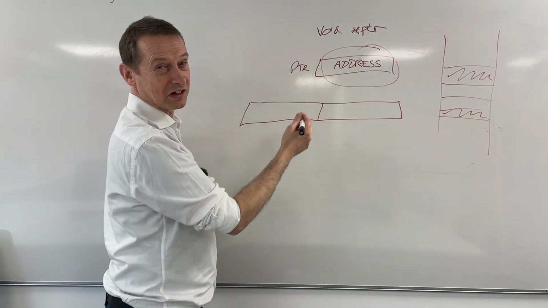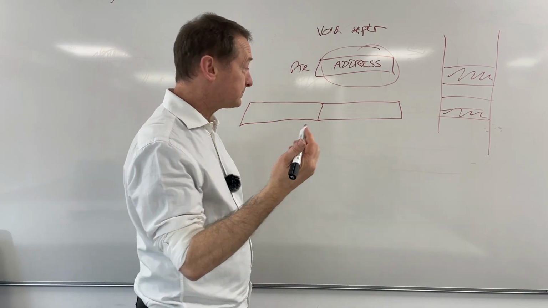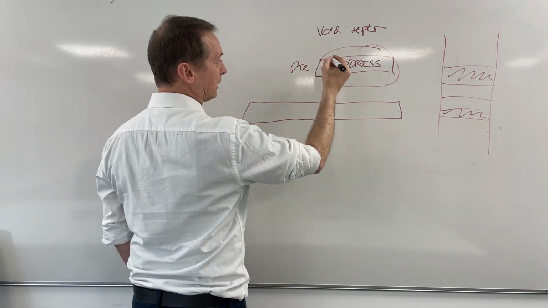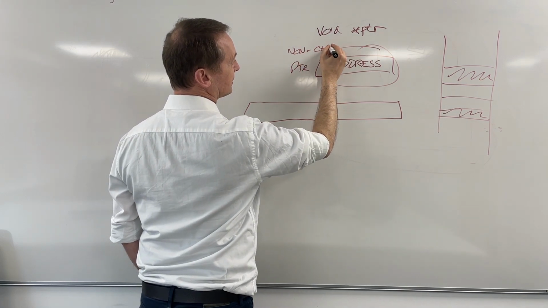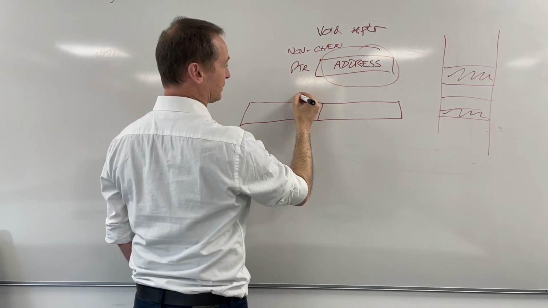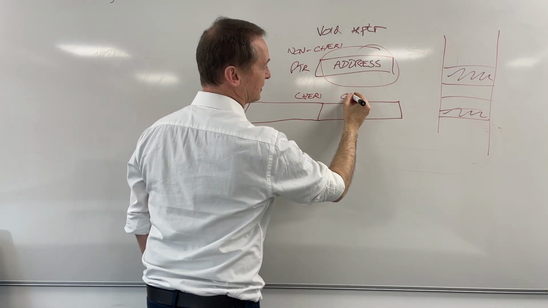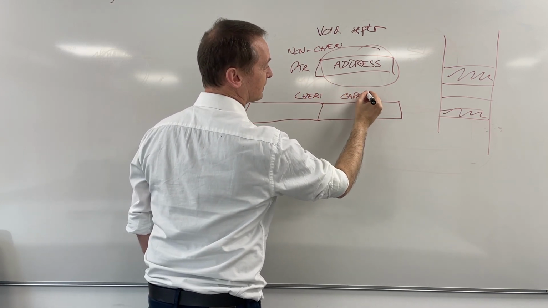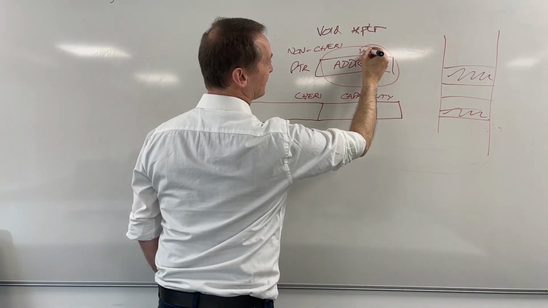In CHERI's case, we're going to use it for memory protection. So this is a non-CHERI case and this is the CHERI case. In this case, this is a capability, whereas this is an integer.